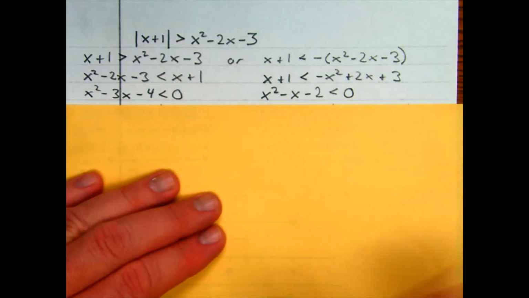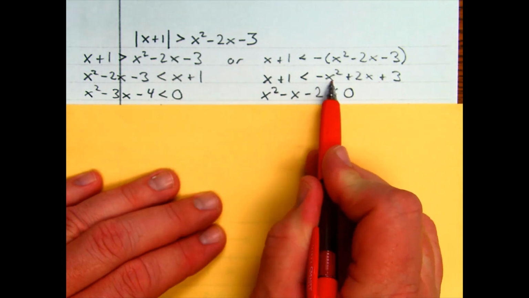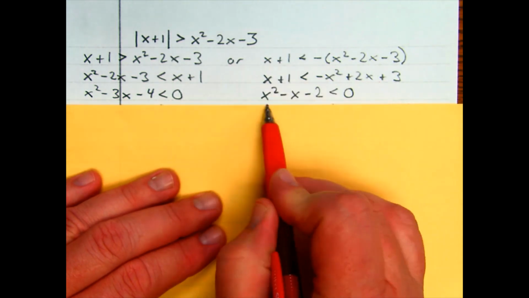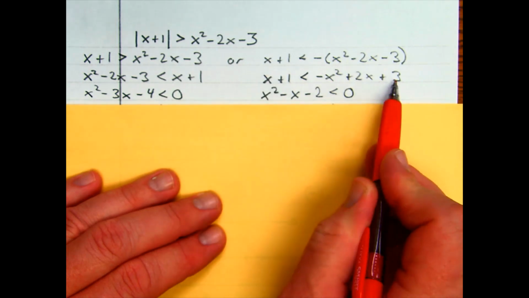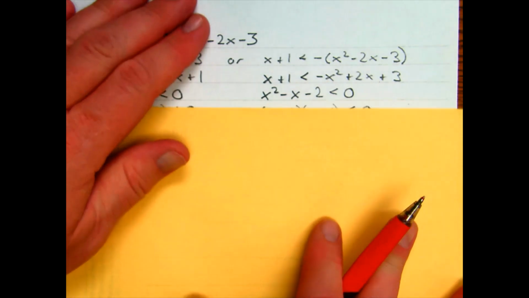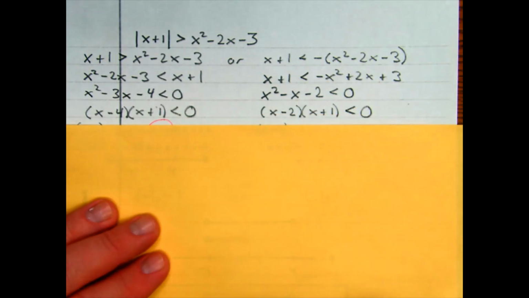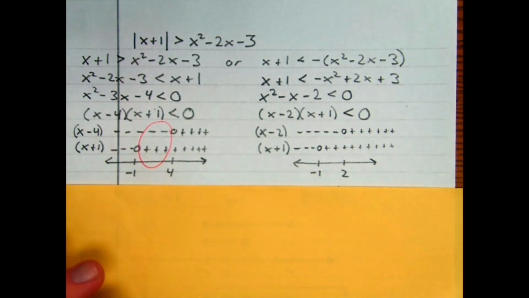Okay, next move is all this stuff over to the left. -x squared comes over here, becomes +x squared. Subtract the 2x from both sides, subtract the 3 from both sides. Now we're here. Factor the side with all the stuff. Do our test interval thing.